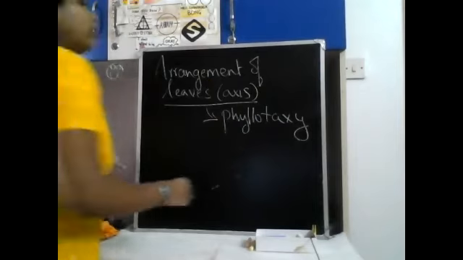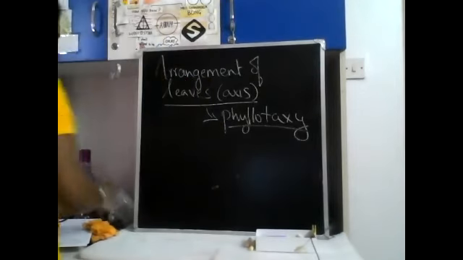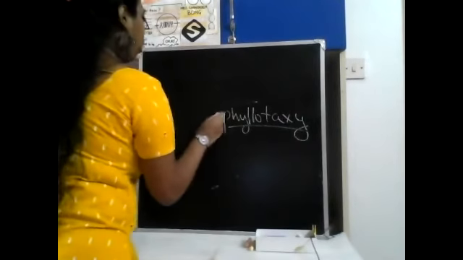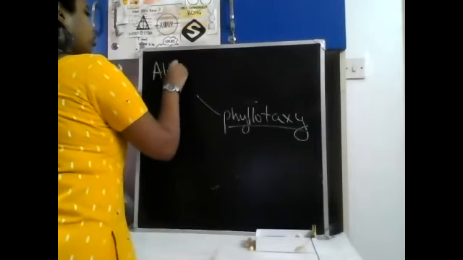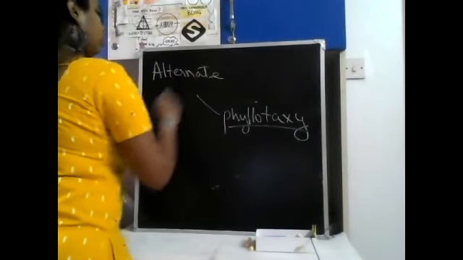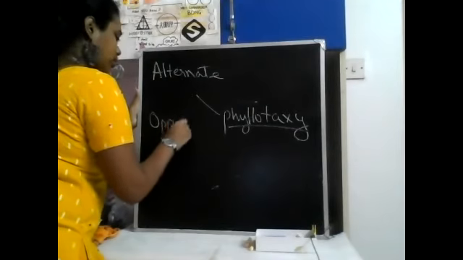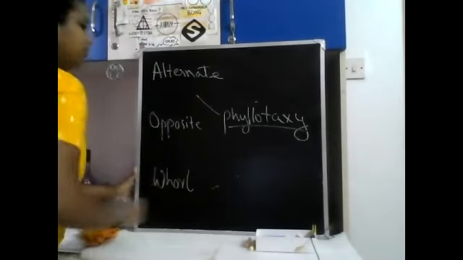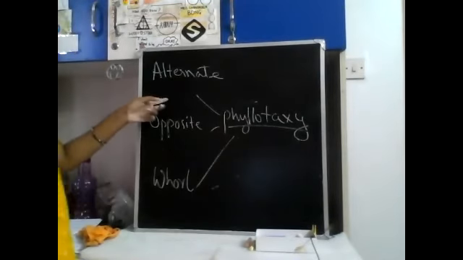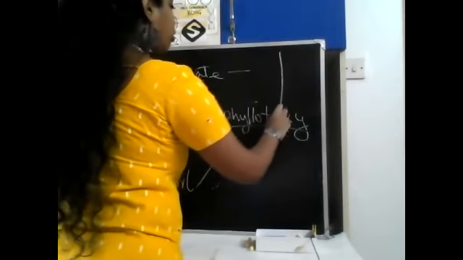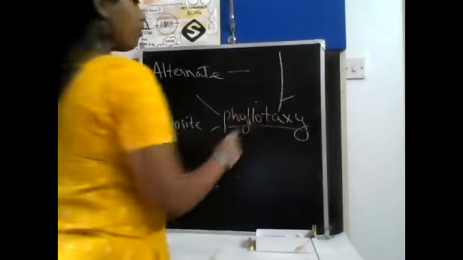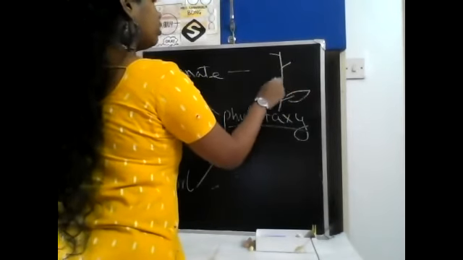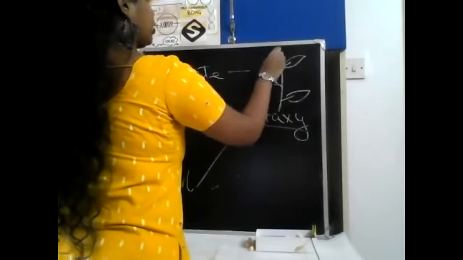Okay, so in phyllotaxy you have mainly 3 different types. We have alternate, we have opposite, and we have whorl. In alternate phyllotaxy, you will have only one leaf from one point, and they will be in an alternate fashion.